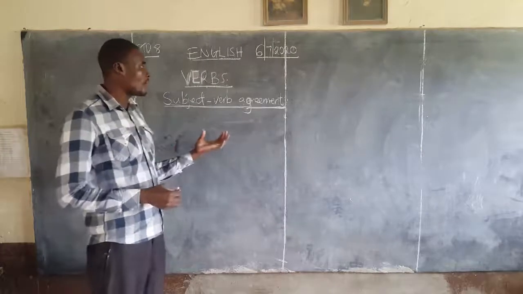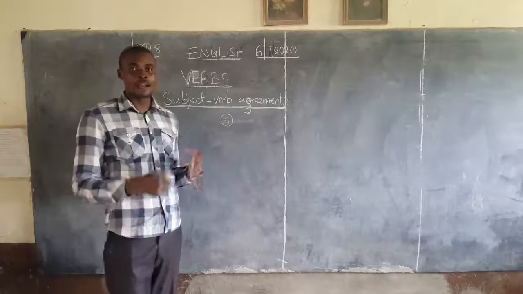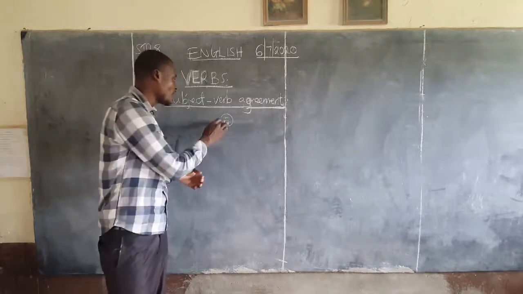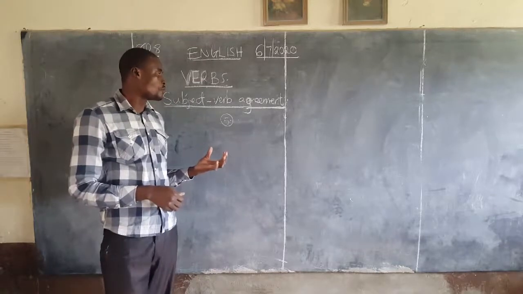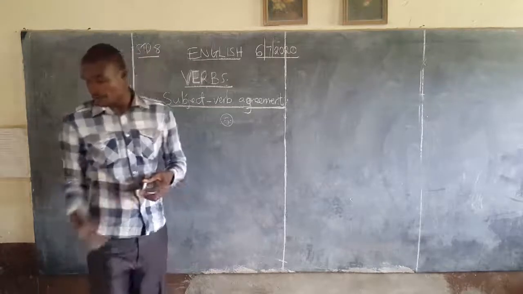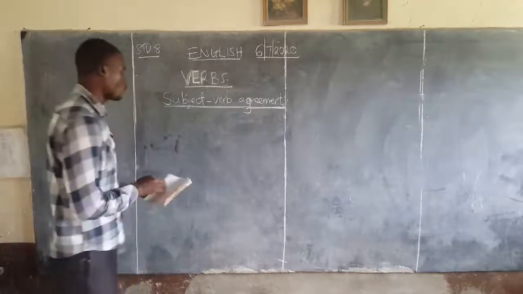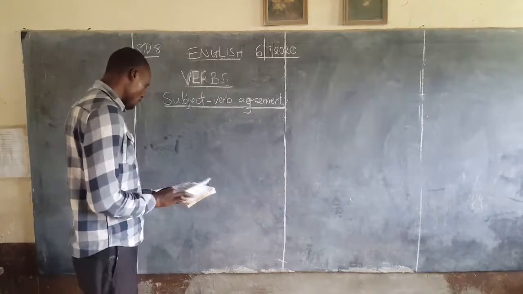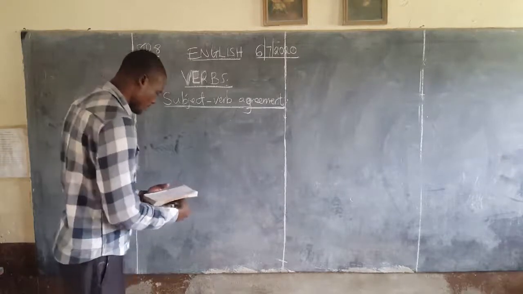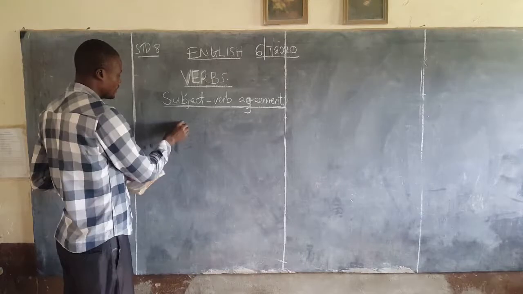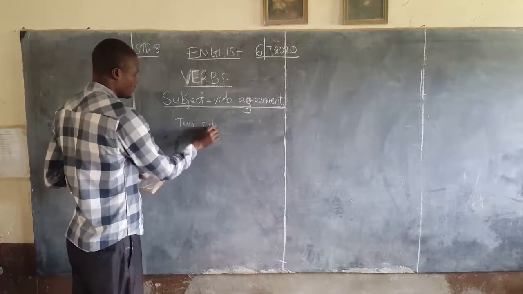Here we're going to deal with about 5 cases of what we are looking at when we are asked to make the verbs agree with the nouns. Number one, we are going to look at a case when we are given words like this. Those are two subjects.